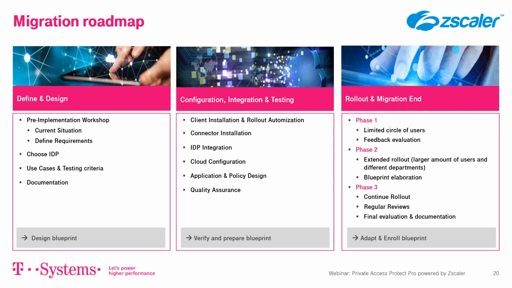So if we jump into the next phase, the configuration phase, we can take all the preparations that we defined in the blueprint in the beginning, and if all this is done, so if we have an identity provider migrated, if we have the cloud configuration, and if we know what type of applications we want to connect with private access, and we have a policy design, then we can start with verifying if our blueprint works as designed. So we can start with our quality assurance right away.